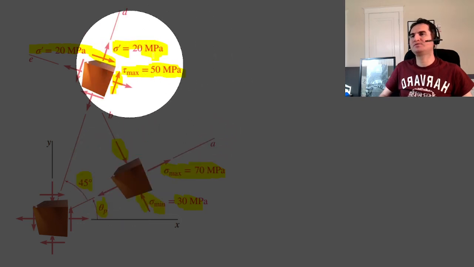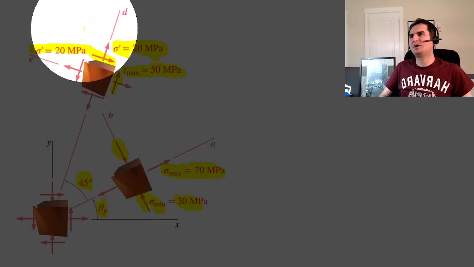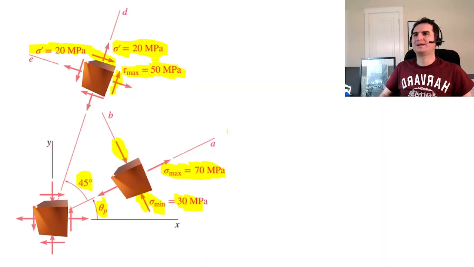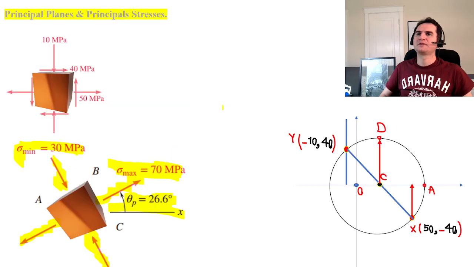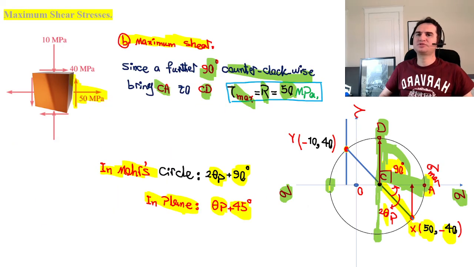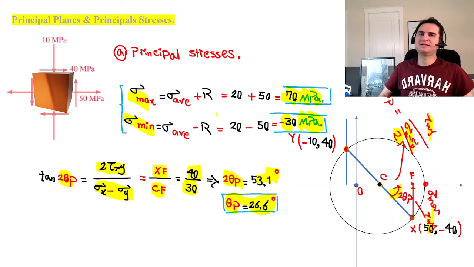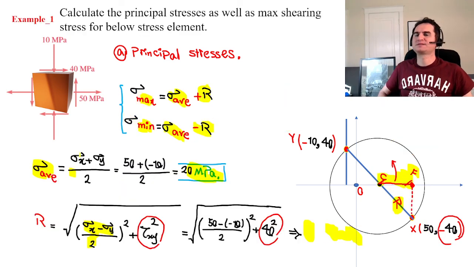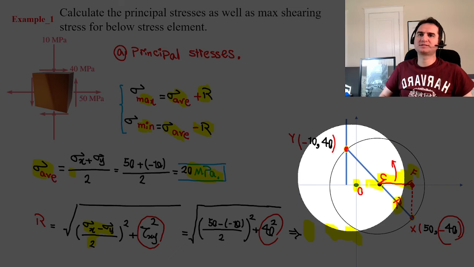And let's see how that 20 comes as sigma prime in maximum shear. So sigma average is from the origin to the center.